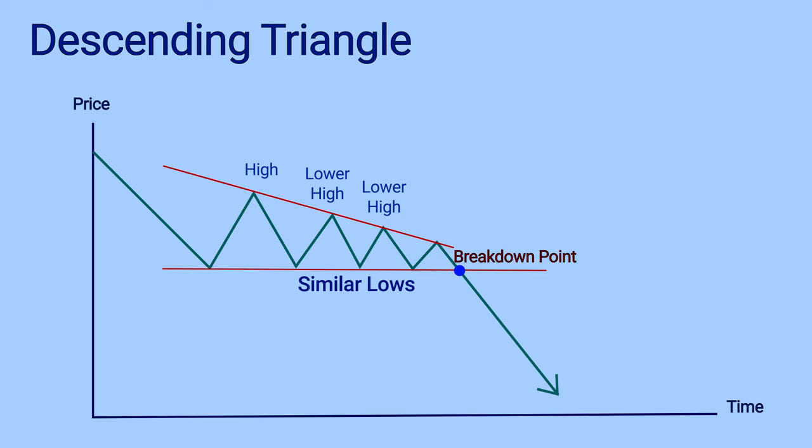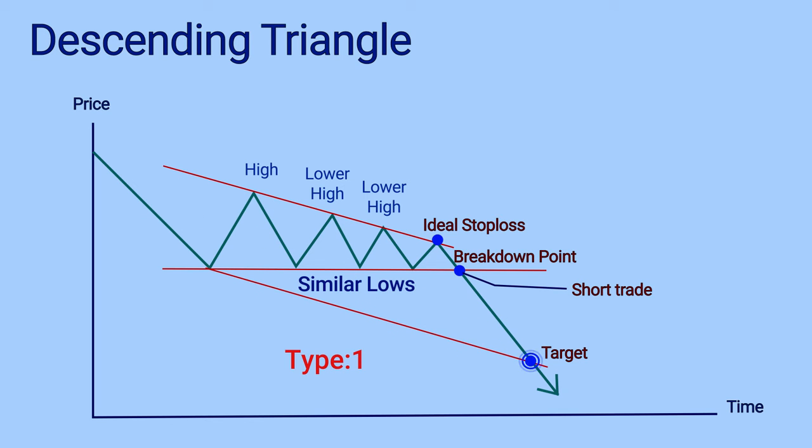At the break of the triangle, on a breakdown, we can take a short trade with a stop loss just above the nearest swing high. The target would be, if we draw a parallel line from the first low that was hit during the descending triangle formation, we may get the target for this move.